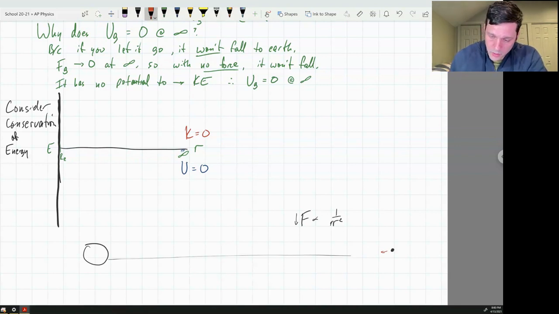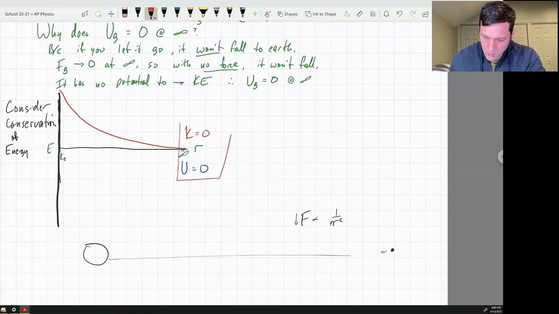So they are going to gradually have more and more kinetic energy. Now let's pause for a second and recognize, all right, at this really far distance away, we've got zero kinetic and zero potential energy. The grand total energy out at infinity is zero joules.